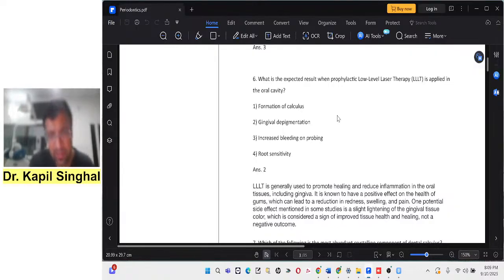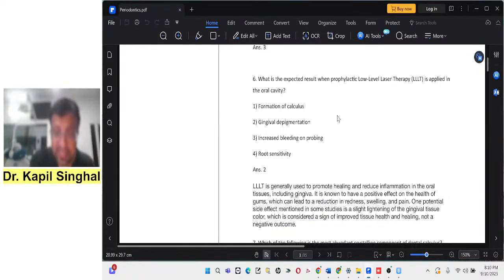Formation of calculus, it has no role in it. Increase bleeding on probing, I am saying it reduces the inflammation, so on the contrary, it will reduce the bleeding on probing. Root sensitivity, it has a role in desensitization. On the contrary, it helps in reducing the sensitivity, so it is also wrong.